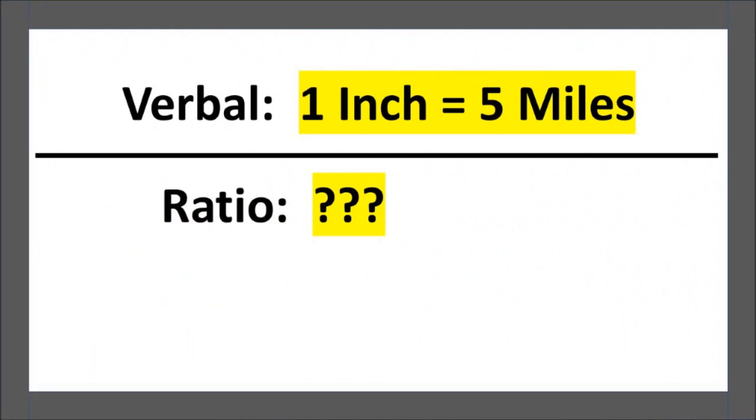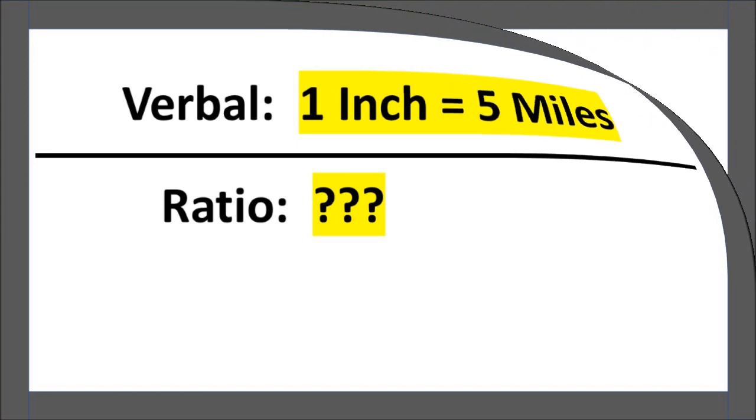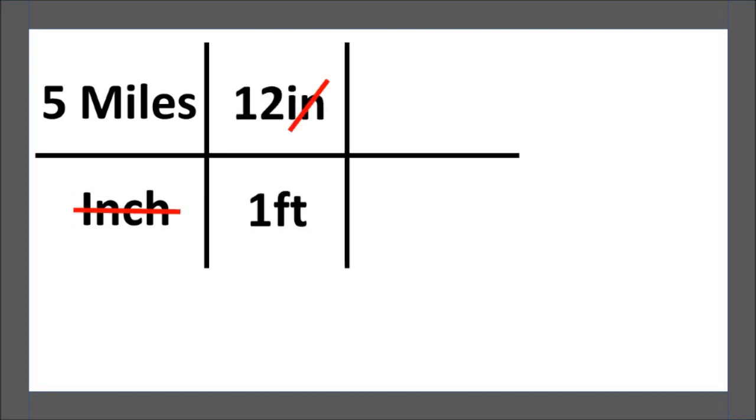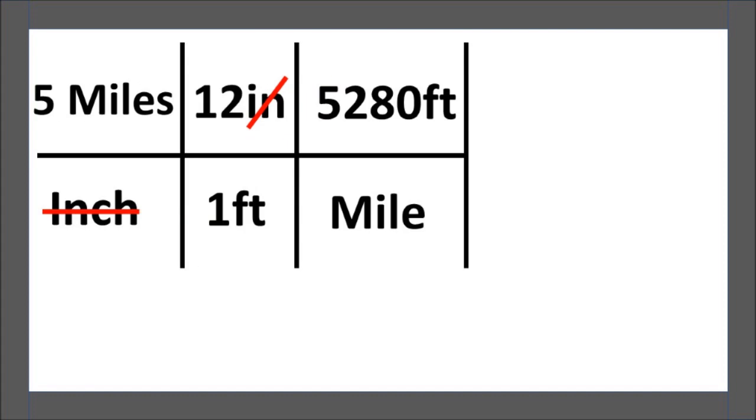Let's say 1 inch equals 5 miles in verbal form. Okay, what is that in the ratio form? We move back to our setup. Here we have 5 miles over an inch. And again, what we're going to do is keep inserting labels to cancel out all the labels, all the words, all the verbiage, so it's just clean numerical values.